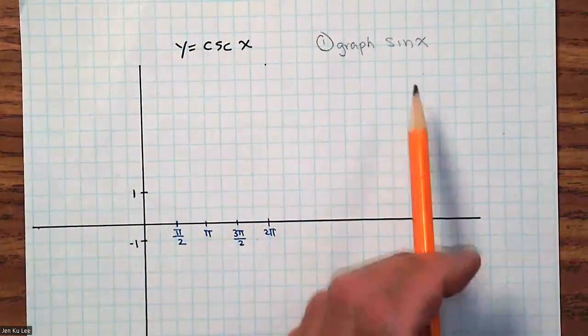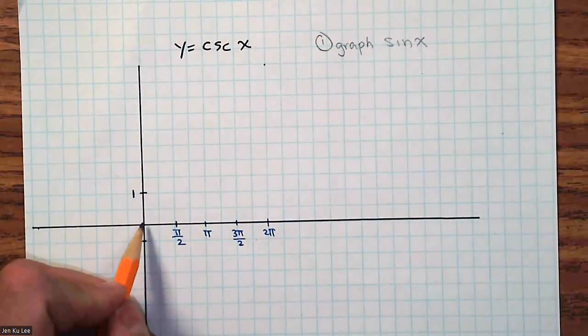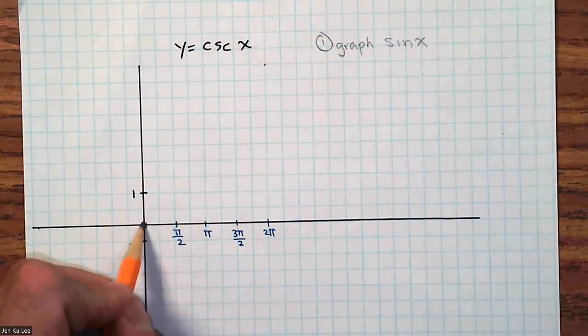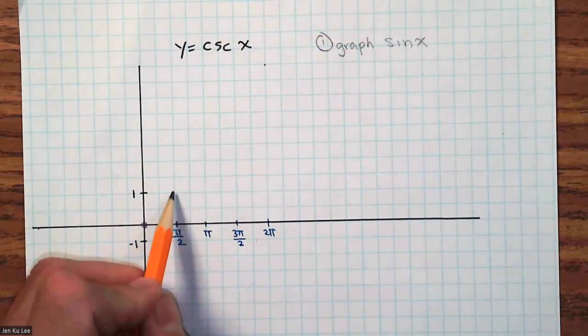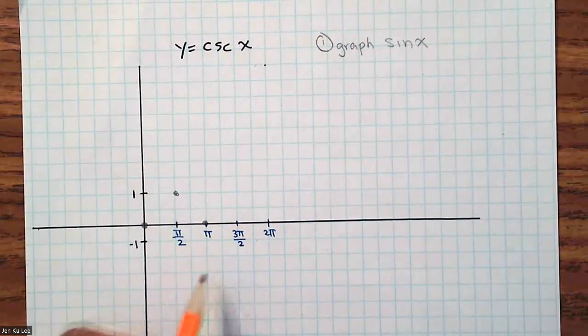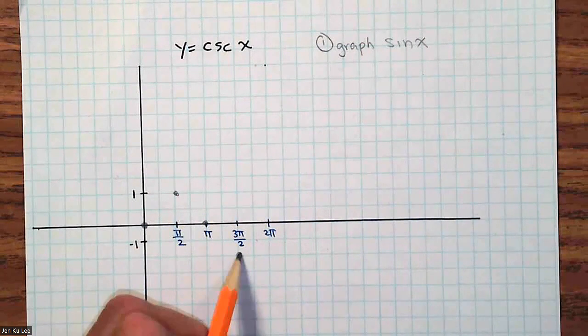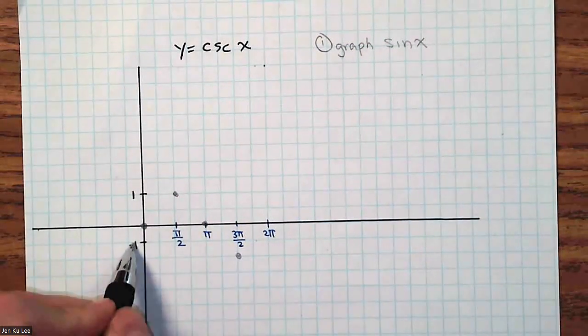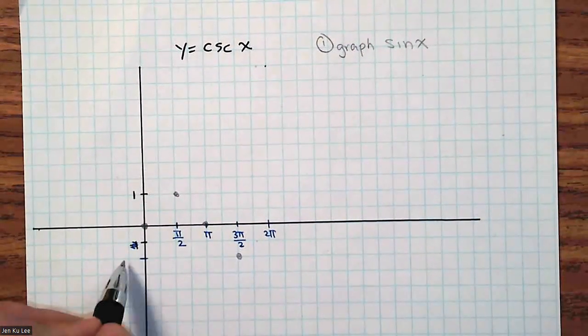And remember, graphing sine of 0 is 0, sine of pi over 2 is 1, sine of pi is 0, sine of 3 pi over 2 is -1. This is the incorrect labeling. This should be -1.